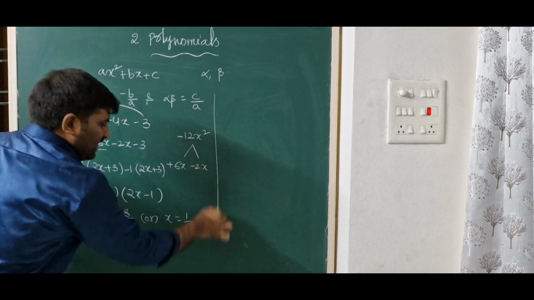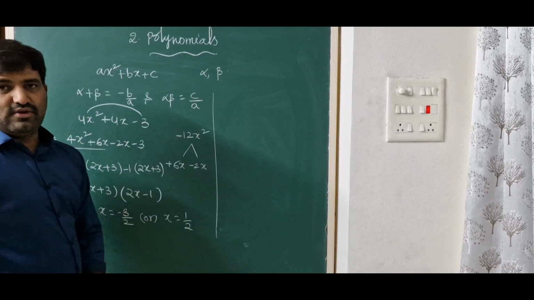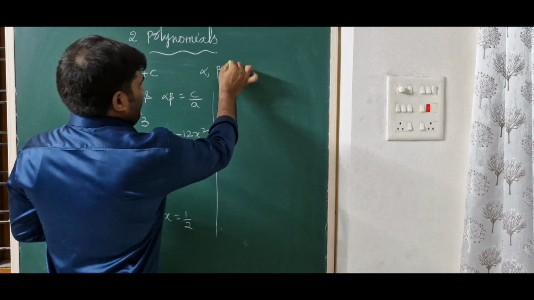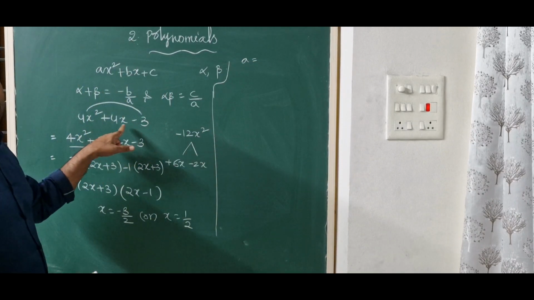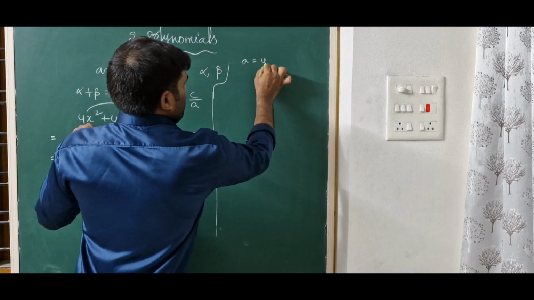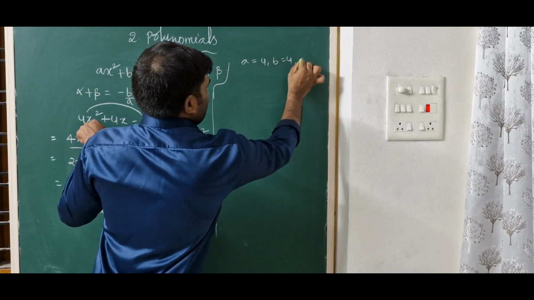Now see how to verify the relationship between zeros and coefficients. Now we need to find the values of a, b, c. Compare the given polynomial with ax square plus bx plus c. a is 4, b is also 4, and c is minus 3.